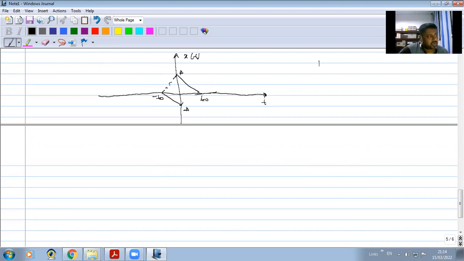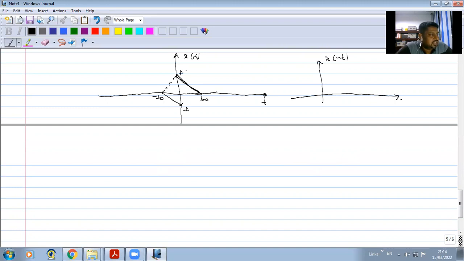Now I am going to draw x(-t). So what is my x(-t)? We have to get the mirror image from this one. What is the mirror image for this? It is like this, no?